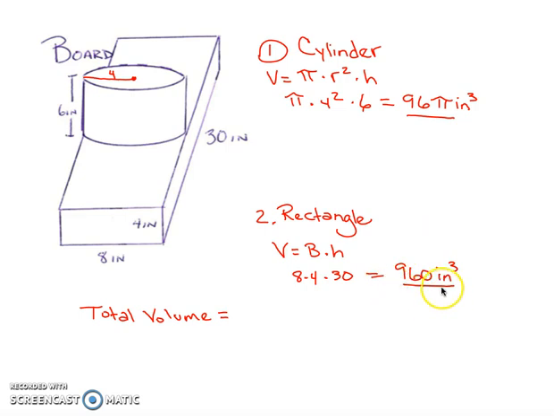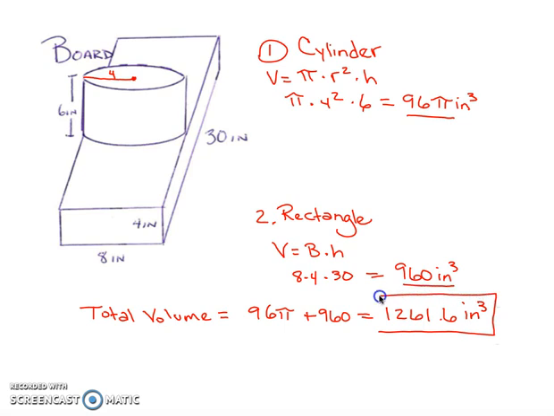So if I'm going to try and add these together, they're not like terms, so I'm going to have to take the 96 and multiply that times pi and add that to the 960, so I get 96 pi, and remember we're going to plug that pi in, plus 960, and that's going to equal 1,261.6 cubic inches. And that would be my total volume for this entire shape.